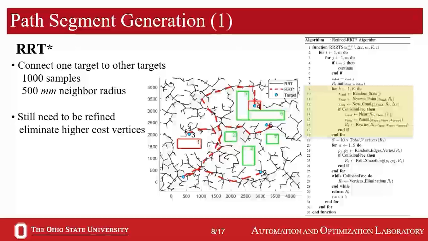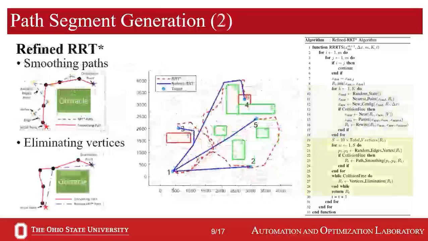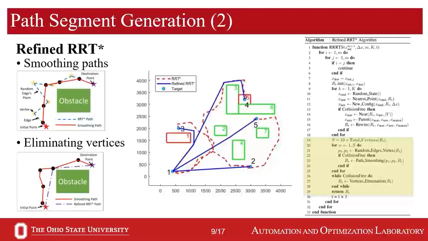For calculating the cost of each segment, we need to define how we make the rovers travel from one target to another. Then we utilize RRT star procedures with 1000 samples and 500mm neighbor radius. However, results from RRT star need to be refined to eliminate unnecessary vertices to reduce the cost of each segment. To generate a smoother path, we randomly choose one of the points at the edge and connect them to remove vertices.